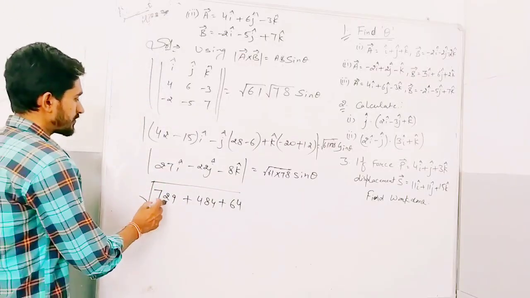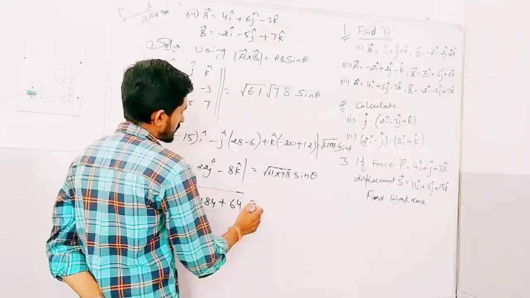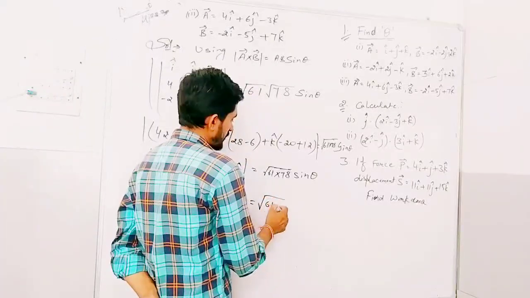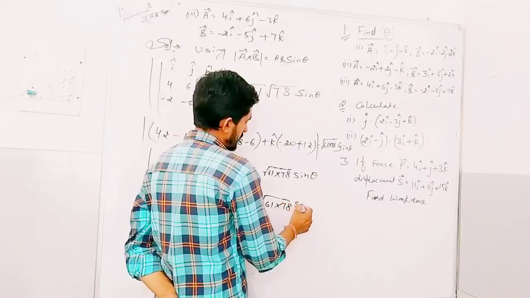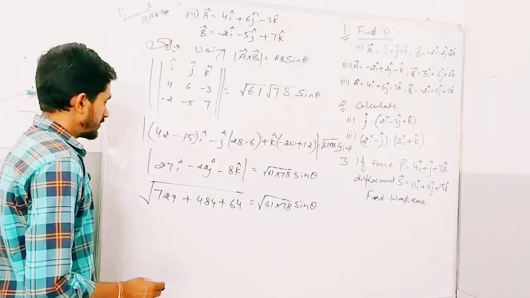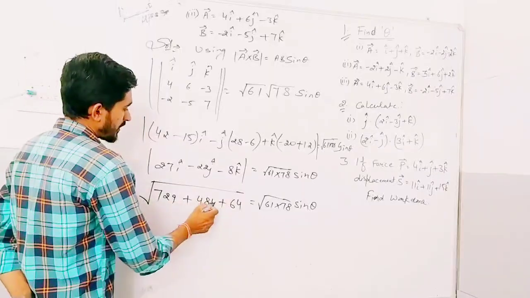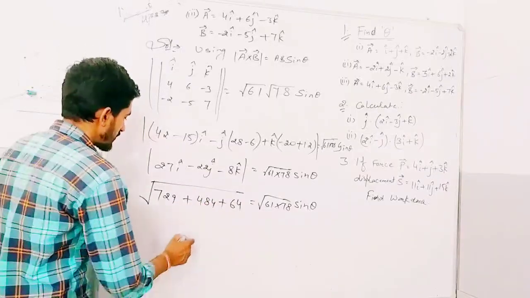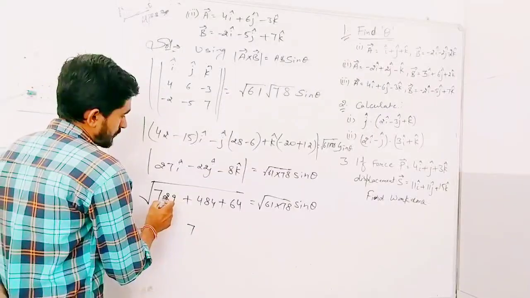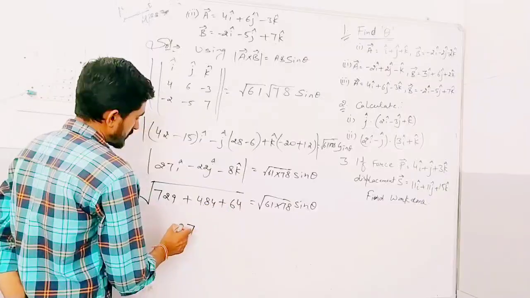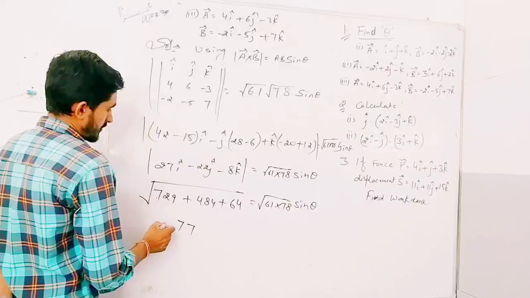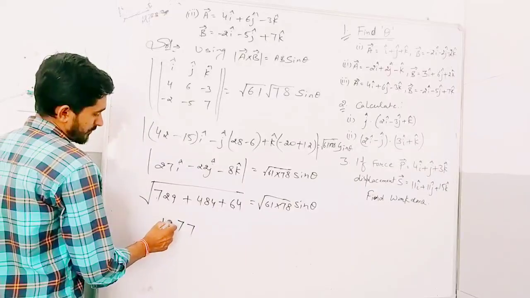I think this is 729. Confirm it with the calculator, or you can calculate thoroughly. 61 into 78 sin theta. Do the calculation: 9, 4, 13, 17, and then this 2, 10, 16, 17, 11 and 1, 12.